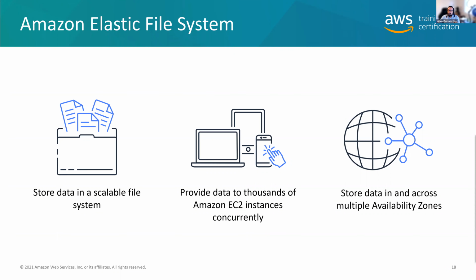There's FSx for Windows, FSx for Lustre, FSx for ONTAP, and FSx for OpenZFS. OpenZFS just came out, I want to say early December. So this is designed to share files with thousands of servers if needed.